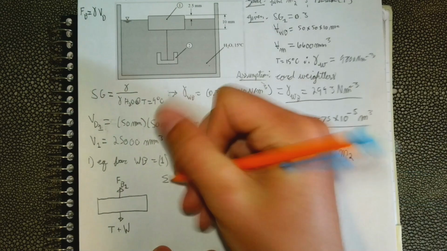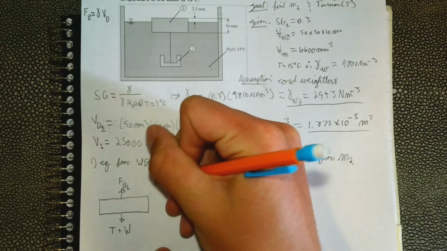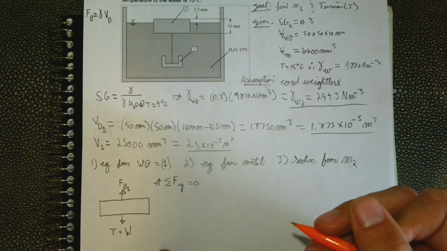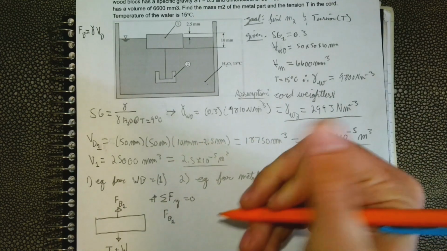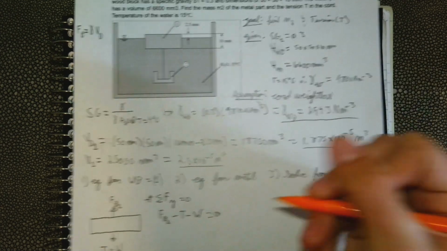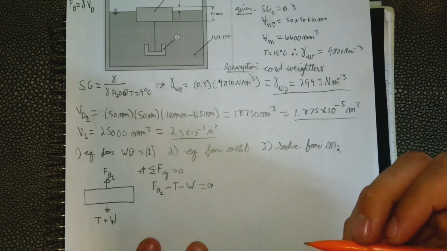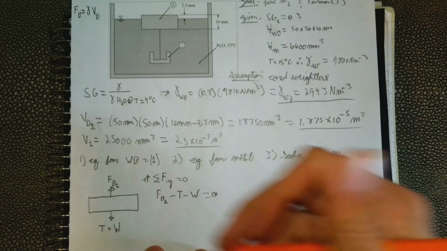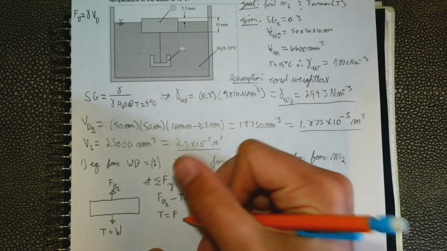Thinking of statics, we get buoyancy force is positive, minus tension, minus weight, equals 0. So then we get that tension equals... we're going to be solving this for tension.